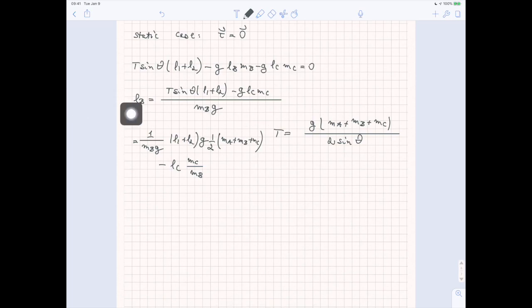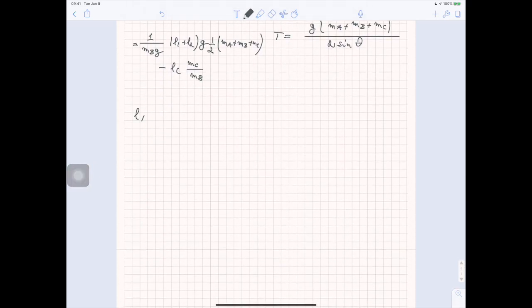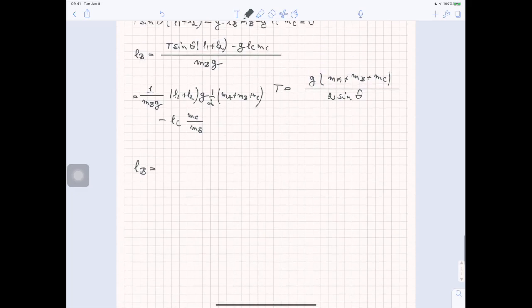So let's go a little bit slower here. Minus G LC over MC divided by MBG. G goes out, so it is minus LC times the ratio of MC over MB. And then you can simplify this a little bit still. So this would be LB.